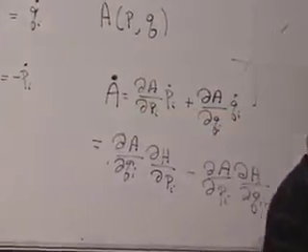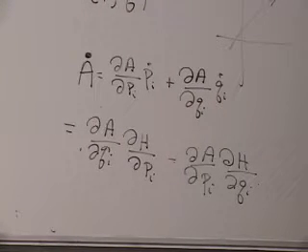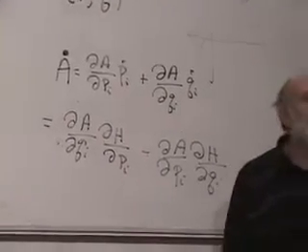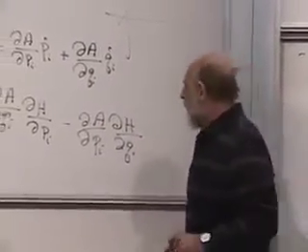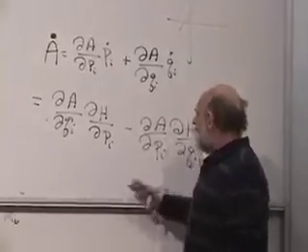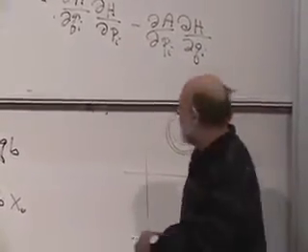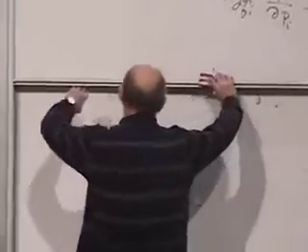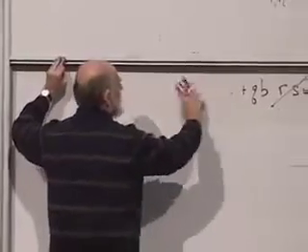This combination, given two functions, in this case A and H, but they could be any two functions of positions and momenta, there's an object called the Poisson bracket, and this is it. So let's write it generally. For a general pair of functions, let's call them A and B now.